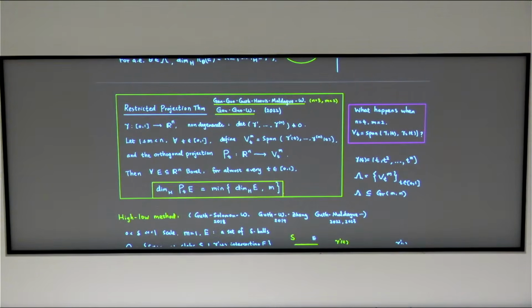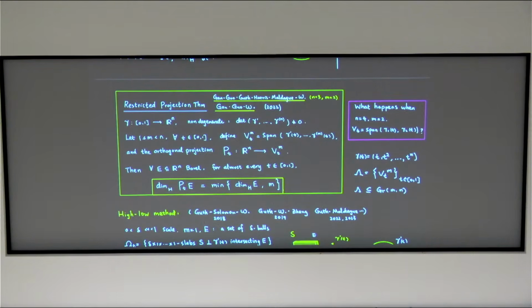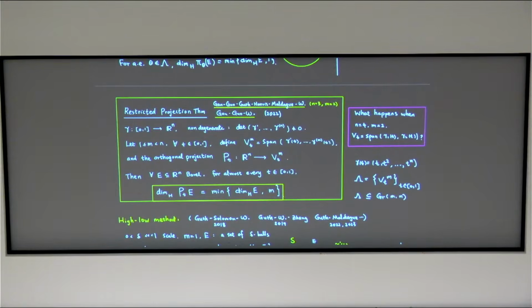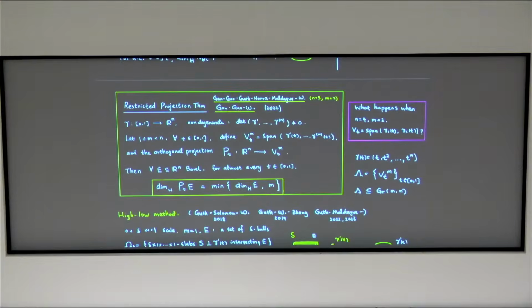The proof of this theorem uses the high-low method in Fourier analysis and also restriction theory. So we are going to talk a little bit about this high-low method. This is an example of how restriction theory is applied to projection problems.